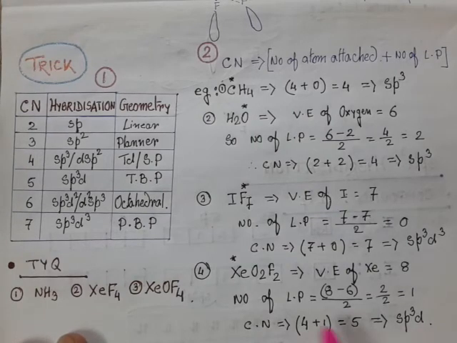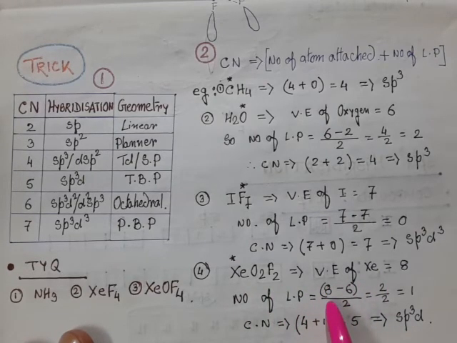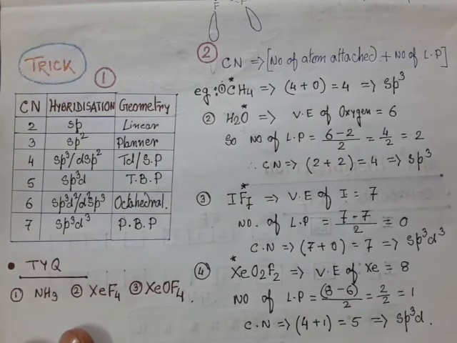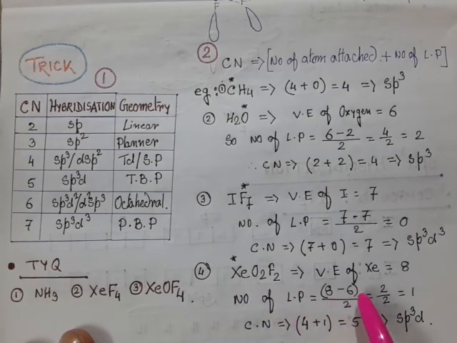I repeat it once again. Xenon oxyfluoride, xenon is an element of group 18, so valence electron is 8. Number of lone pairs is valence electrons minus number of bonds. Between oxygen and xenon there are 4 bonds, because each oxygen atom forms a double bond with xenon, and between fluorine and xenon there are 2 bonds, so total number of bonds is 6.